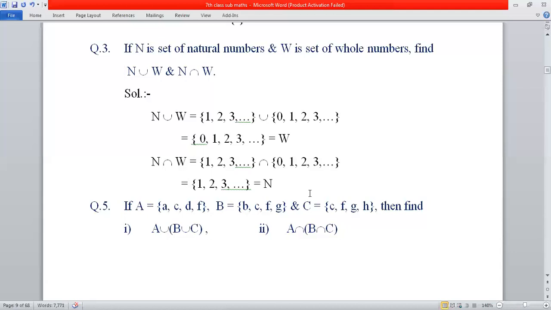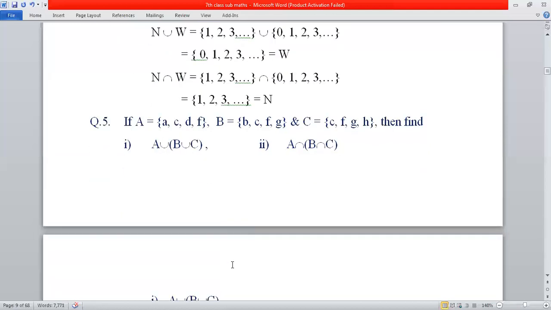So 4, 6, 8, 9, 10, 12, 14, 15, 16, 18, 20, all these are composite numbers. In the same way, you have to find the union and intersection. So you try it, inshallah, you can easily do it.